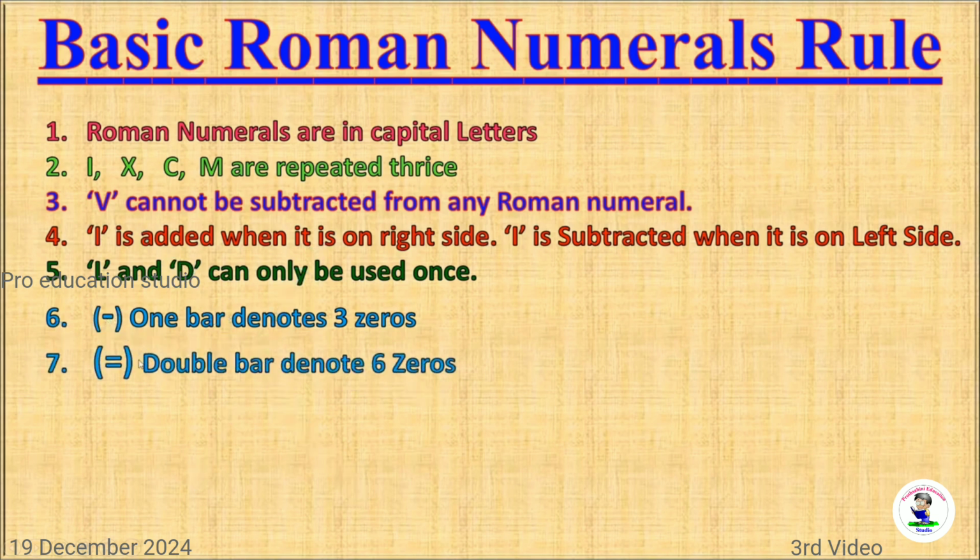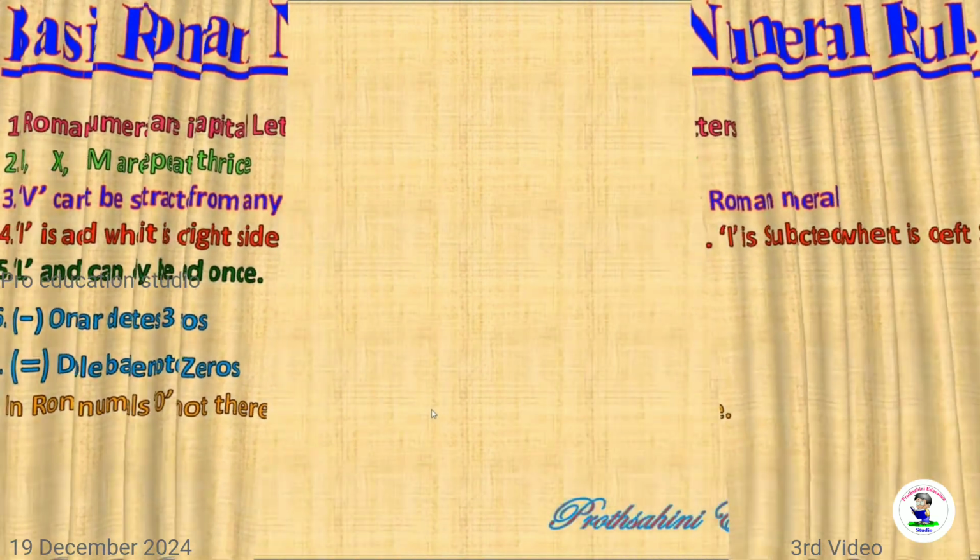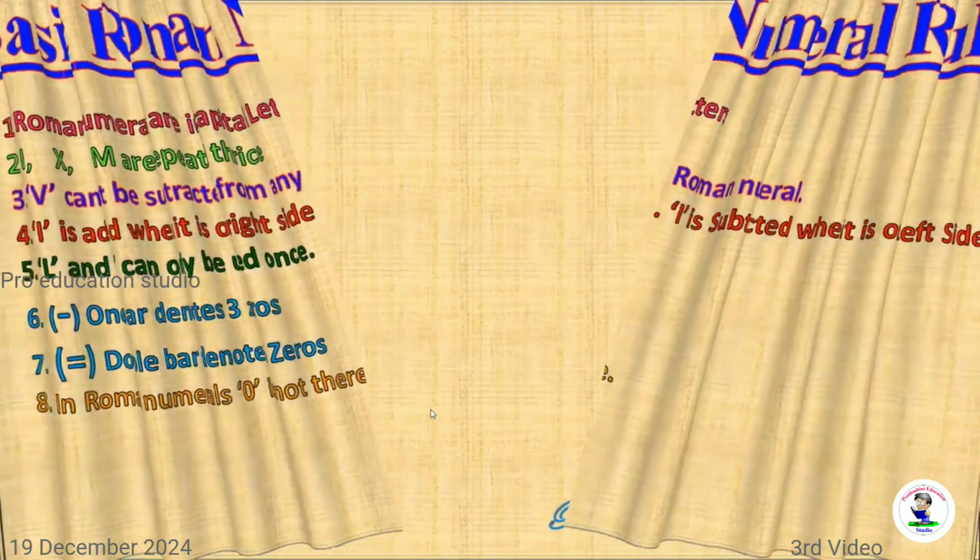Seventh, double bar denotes 6 zeros. You can see the bar symbol and double bar symbol here. We will see the 8th point. In Roman numerals, 0 is not there. We should not write 0 in Roman numerals. Now we will go on to the next page.